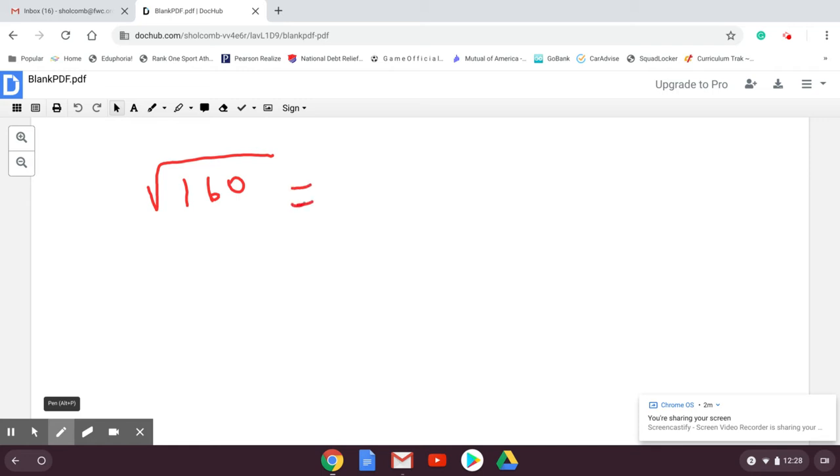And there's several ways to go about this. We're going to take the number 160 and find a factor of 160 that is a perfect square. So start and think about all the perfect squares that we know. 2 times 2 is 4. 3 times 3 is 9. 4 times 4 is 16. You can already tell, isn't 16 a factor of 160?